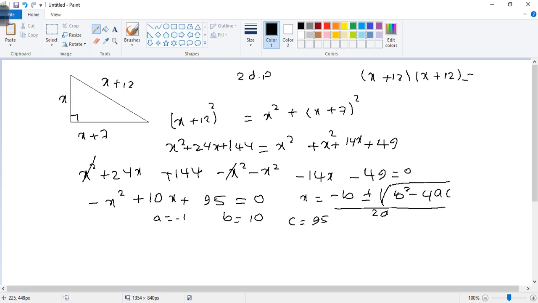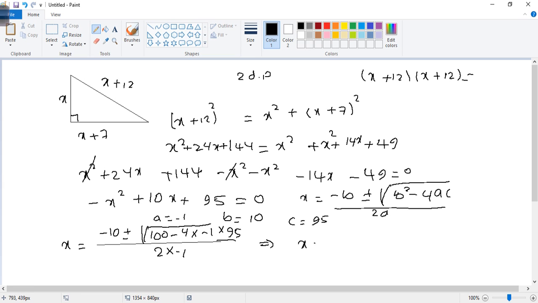So let's work out x equals minus 10 plus minus square root of 10 squared, b squared, is 100, minus 4 times a, which is minus 1, times c, 95, divided by 2 times minus 1.